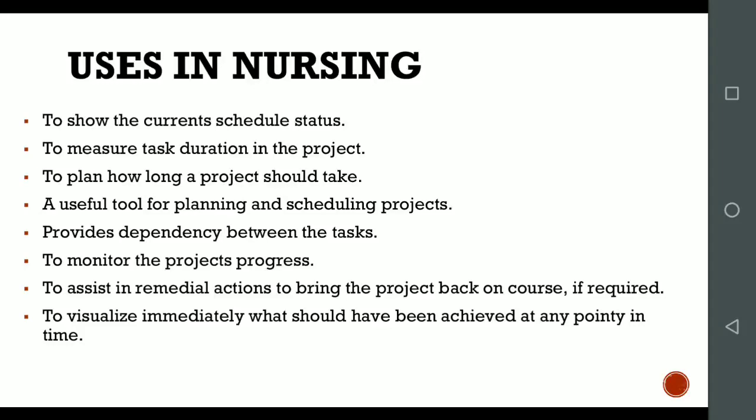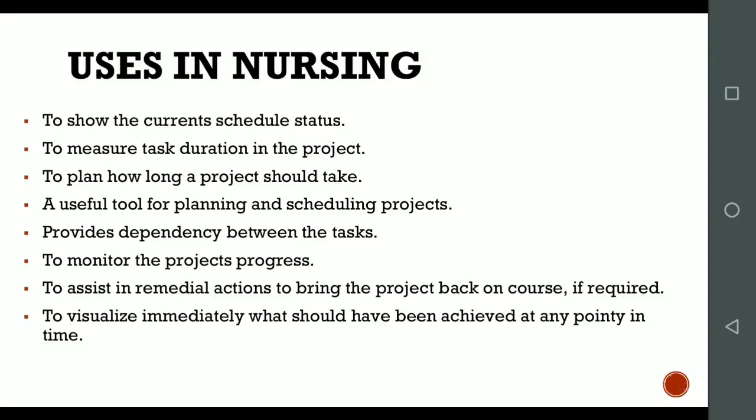To measure the task duration in the project, we can find out how much time each task requires to get completed. To plan how long a project should take, meaning to estimate the time duration for the completion of the whole project that is in our hand. That can be predicted or estimated by the use of the Gantt chart.